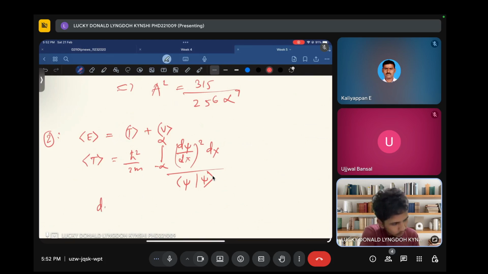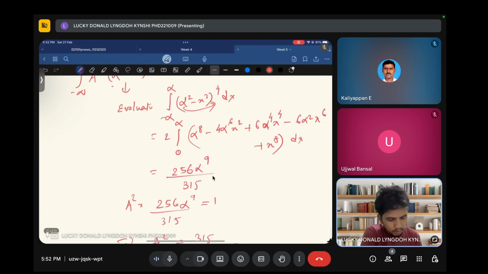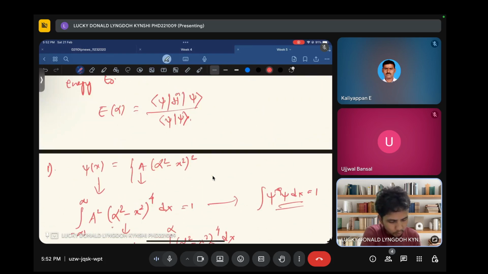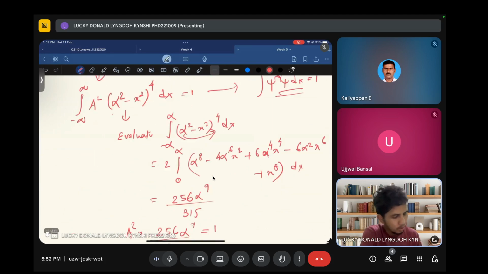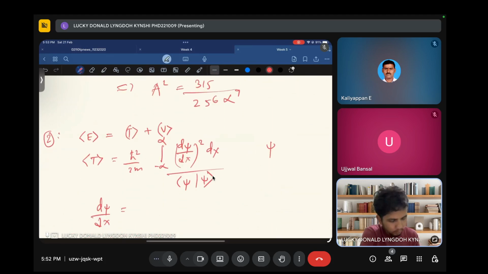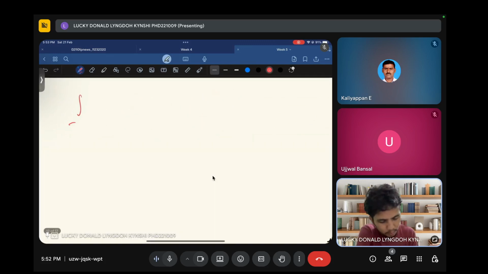Now d psi by dx. What is the value of psi? Psi is already given to you: a times alpha square minus x square, whole square. So d psi by dx is in fact minus 4a x times alpha square minus x square. Just differentiate it, and then square it from minus alpha to plus alpha, d psi by dx whole square dx.